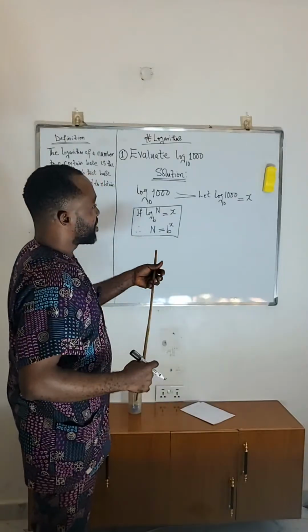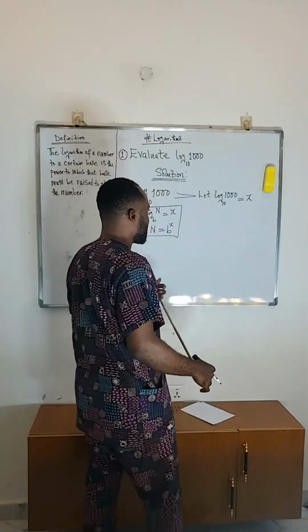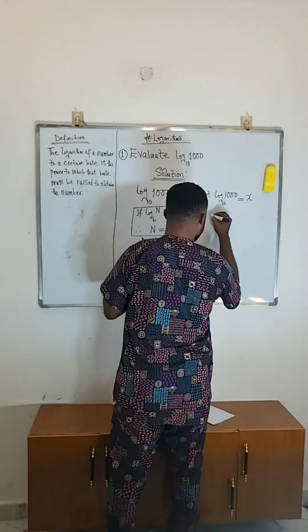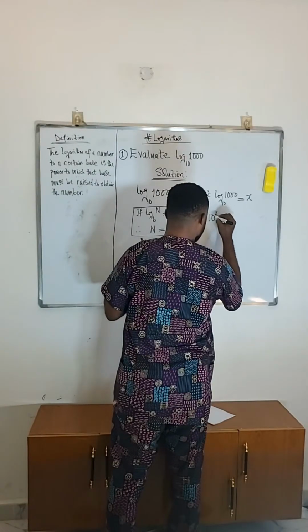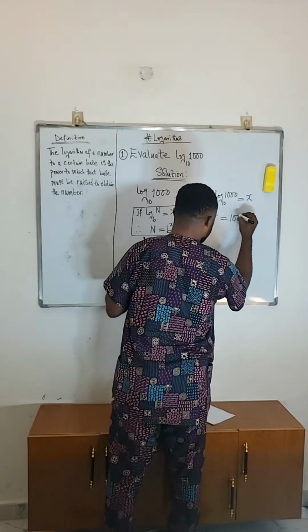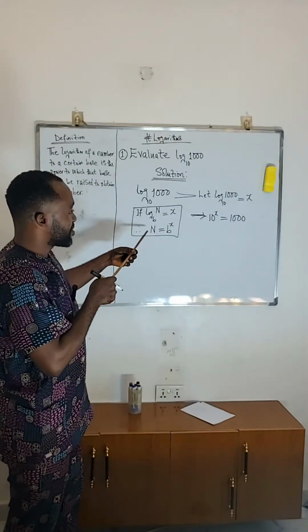If we say let this log 1000 in base 10 equal x, it therefore means that 10 raised to the power of x equals 1000, according to this definition.